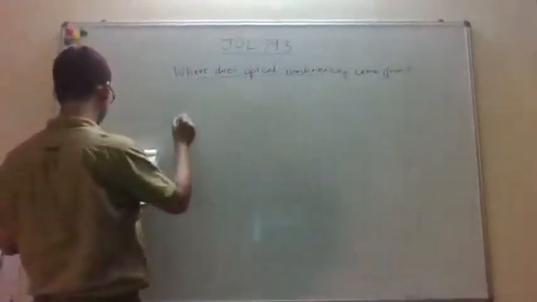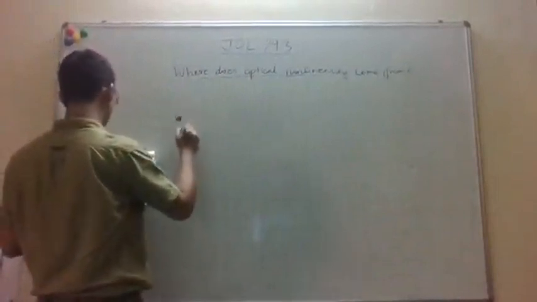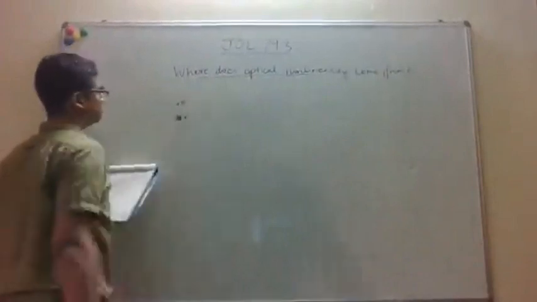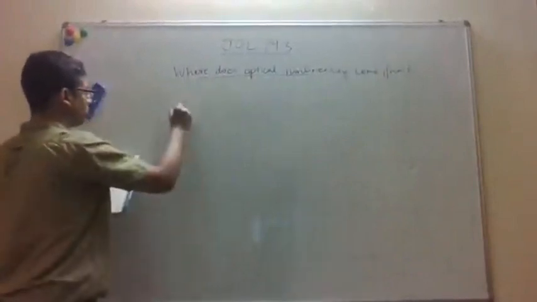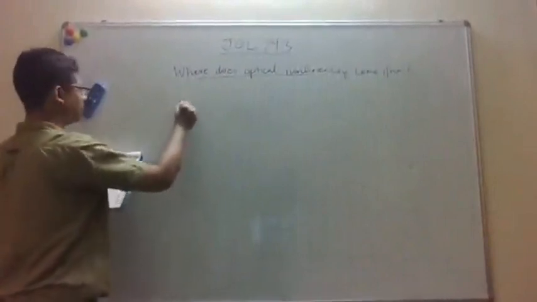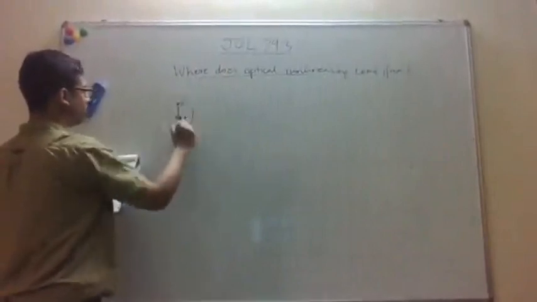Typically, in the classical regime, we can model the atom as some electron which is attached to the nucleus by some spring. So this thing is my atom.